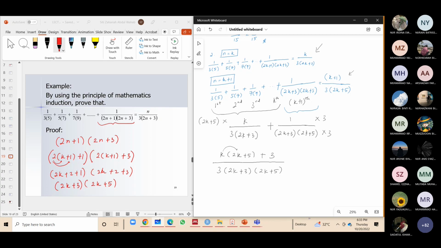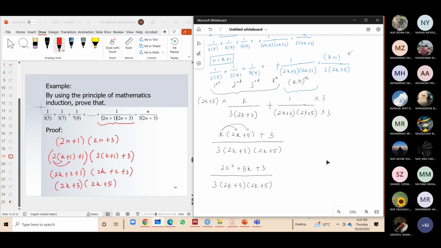We expand this. It will be 2k² + 5k + 3 over 3(2k+3)(2k+5).